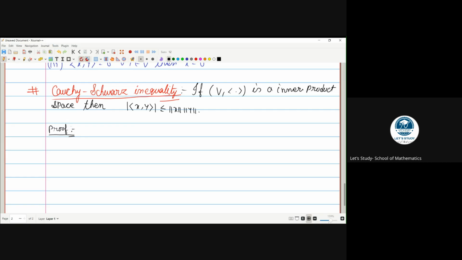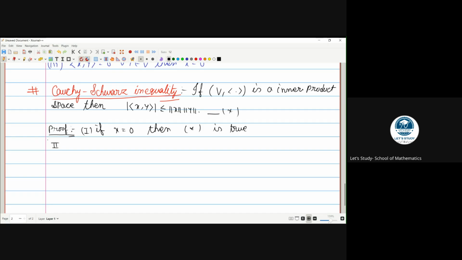Okay. So in the first case, if x equals 0, then the star statement is true. Okay.